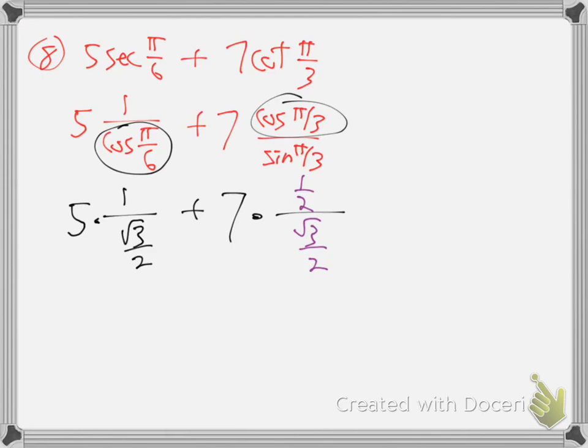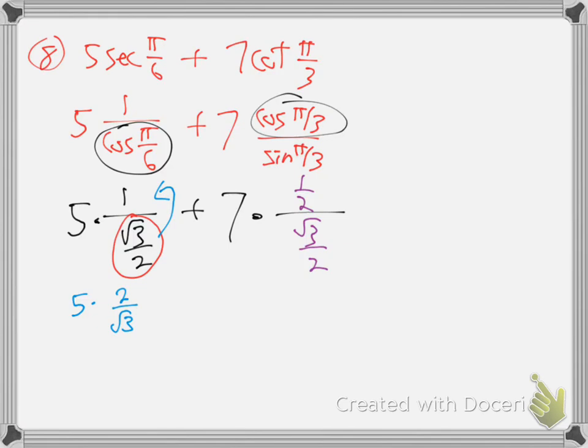Okay. So now how do we clean this up? You know, fractions in the bottom of a fraction. We've got to grab that thing and flip it up. So it's 5 times, it gets a little messy here, 5 times 2 over root 3. Good so far?